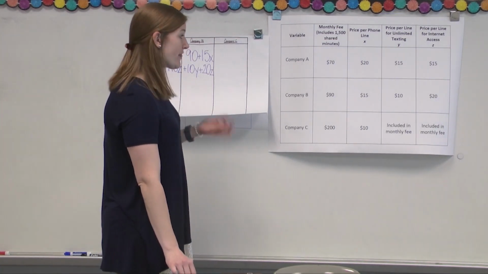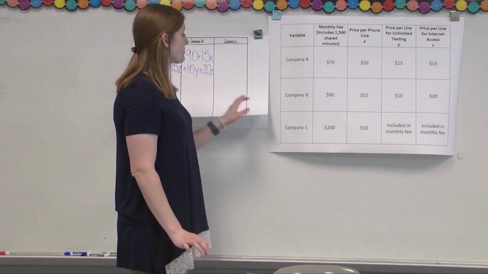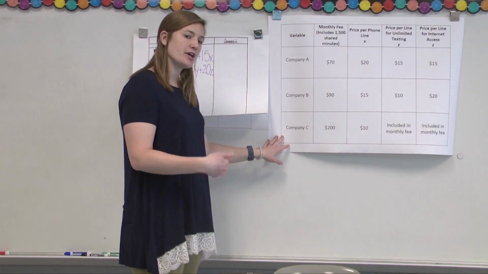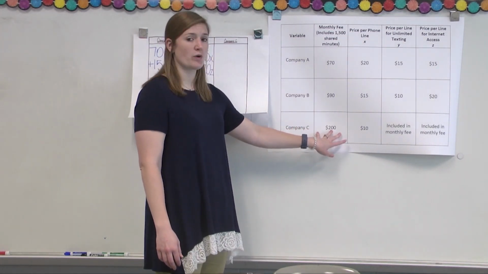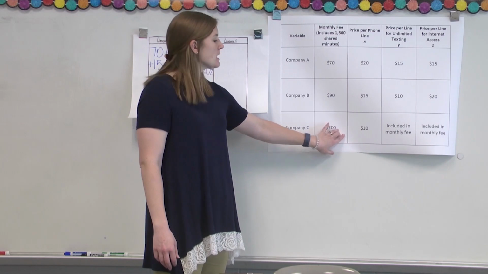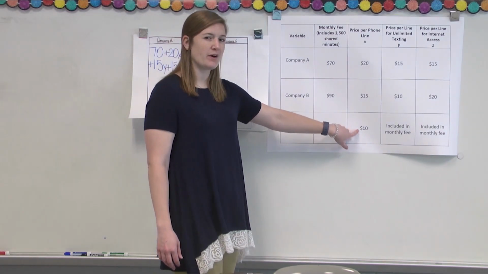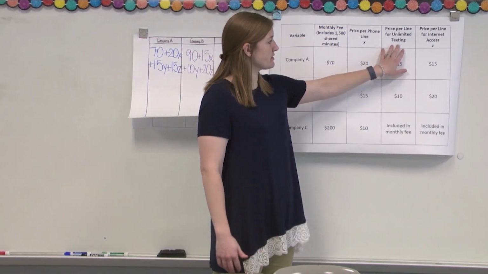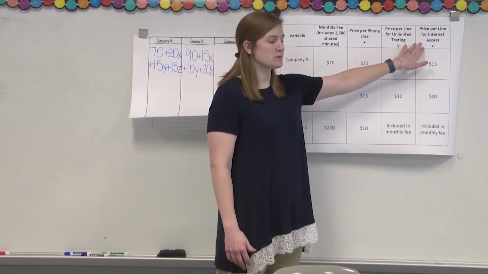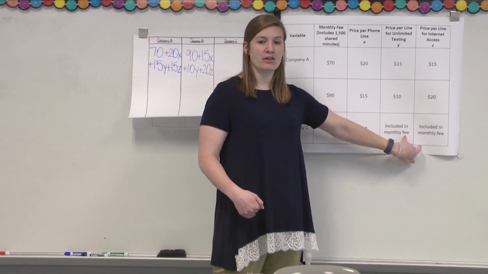So we have one last one to do, and this time we need to write an expression to represent Company C. So we take a look at the chart. Company C charges us $200 for those 1,500 shared minutes. Company C also charges us $10 per phone line. However, Company C is a little bit different because the price per line for unlimited texting and the price per line for internet access are both included in the monthly fee.